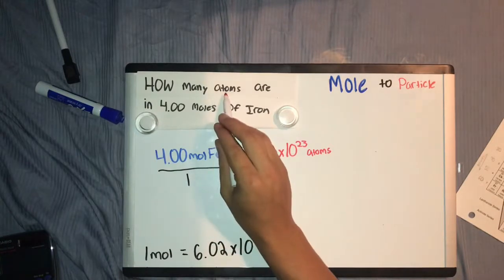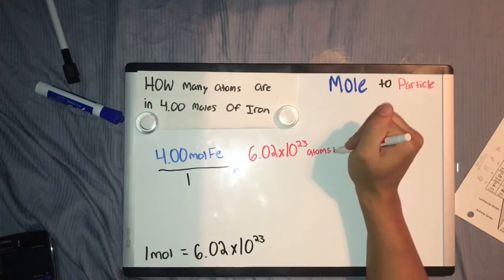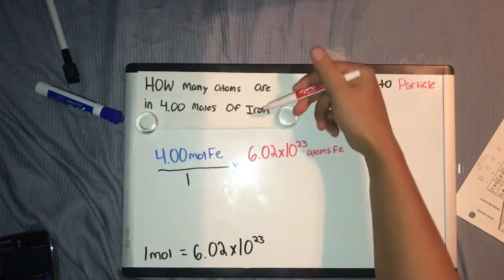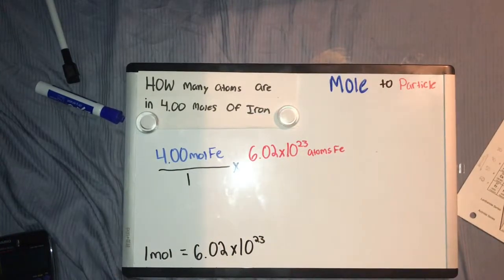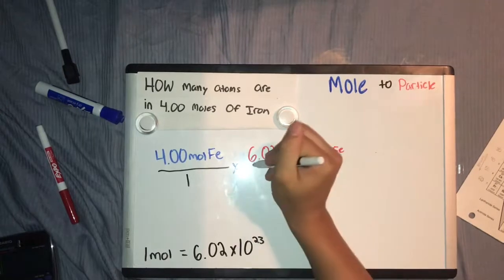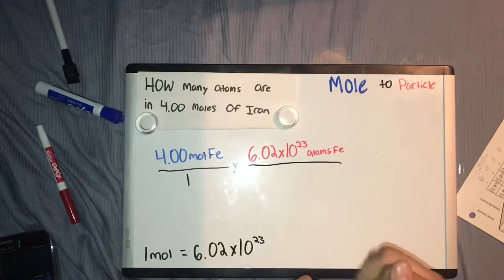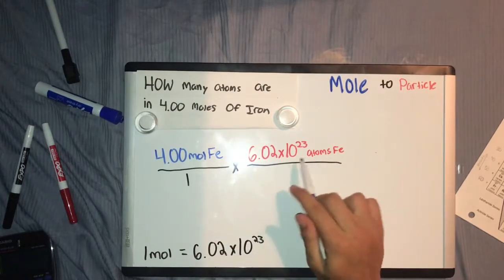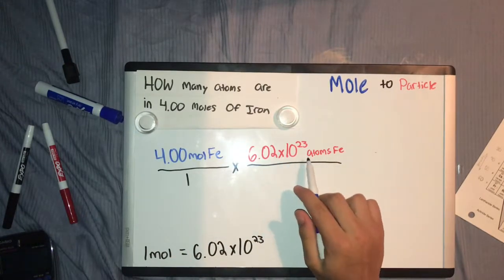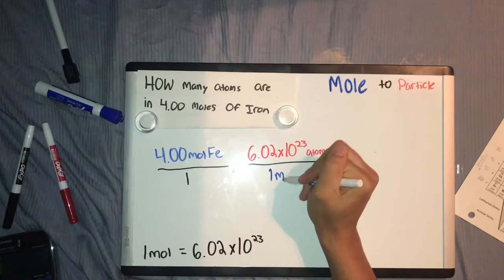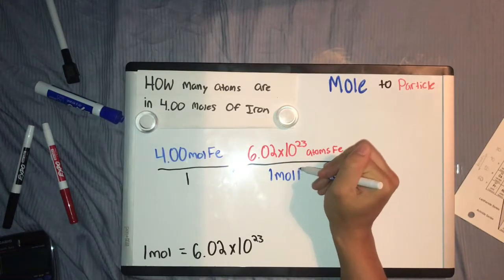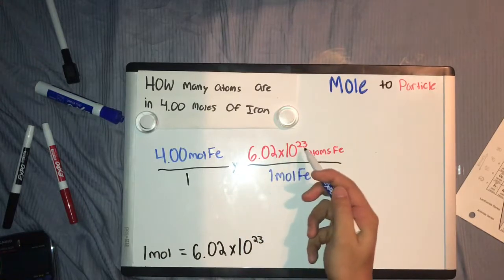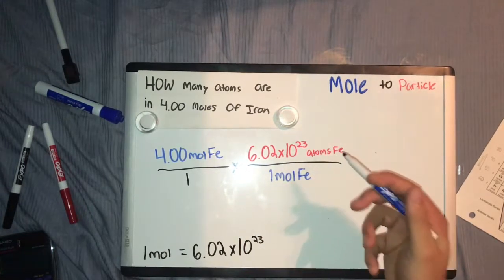Since they're using atoms up here, we'll use atoms down here. Atoms of iron. It won't always be iron, but in this scenario, it is iron. And let's put that over 1 mole of iron, because in 1 mole of iron, there's 6.02 times 10 to the 23rd atoms.